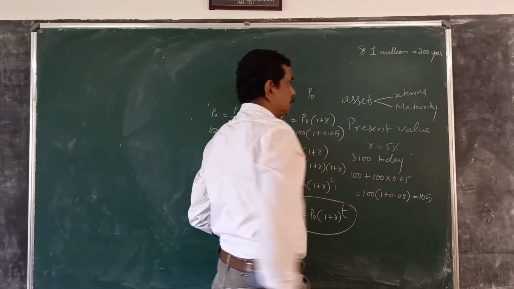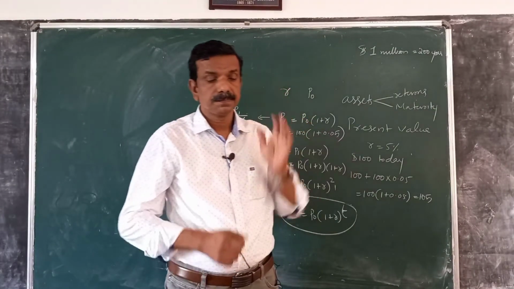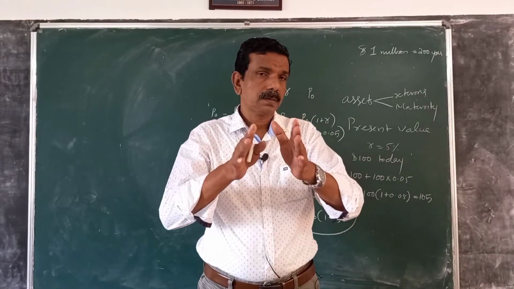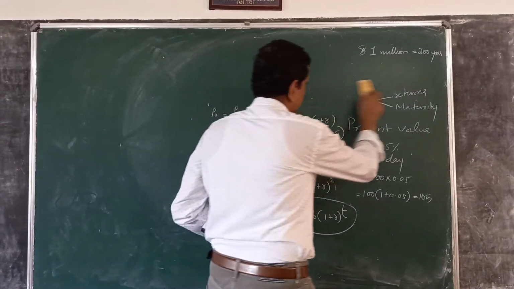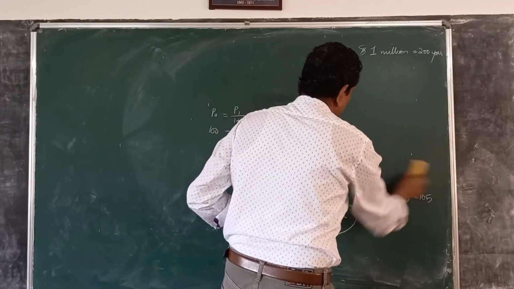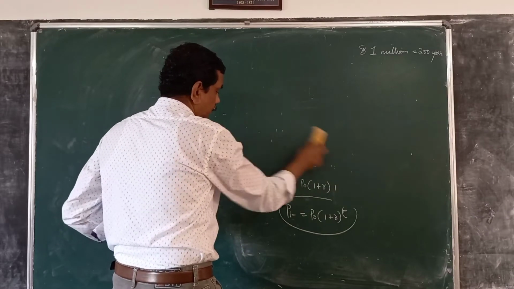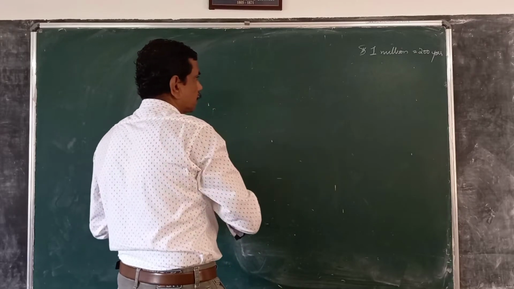After 200 years, the present value of $1 million is very minimal. So this is how we calculate present value for a single amount. For a single amount, P0 is equal to Pt by 1 plus R raised to T.